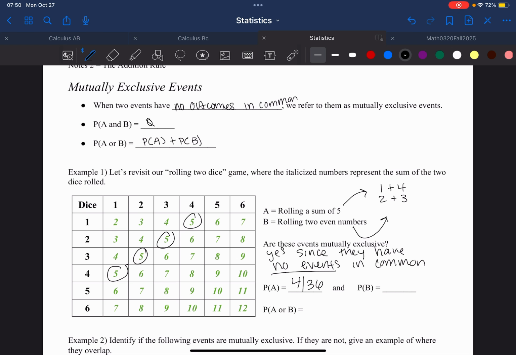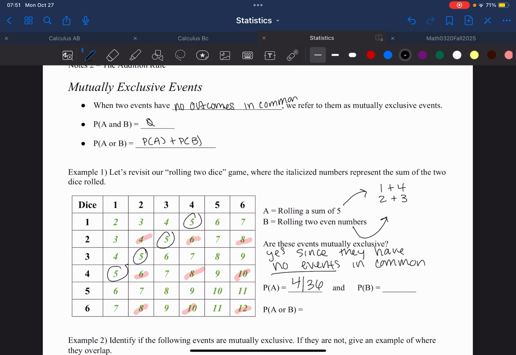And the probability of B, rolling 2 even numbers, would be, let's see, 1, 2, 3, 4, 5, 6, 7, 8, 9.